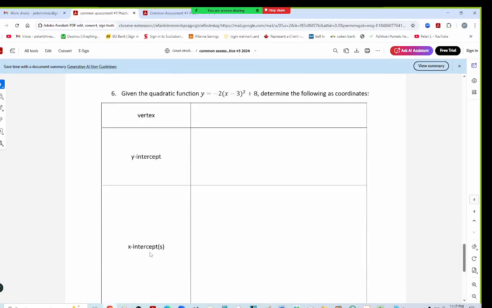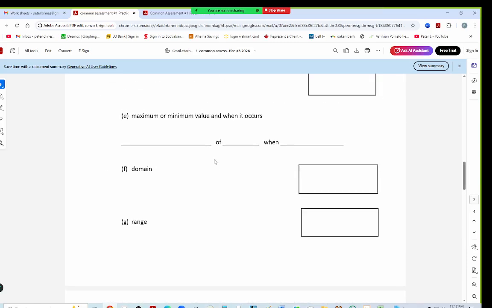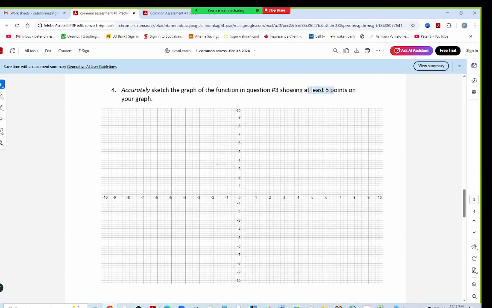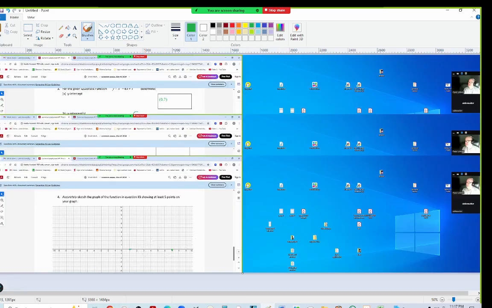All right. This one, he wants you to graph the last question. And notice, always look at how many points he wants. In the last question, we figured out the x and y intercepts were here and here. We also figured out the vertex, and it's off the graph, but it doesn't matter.